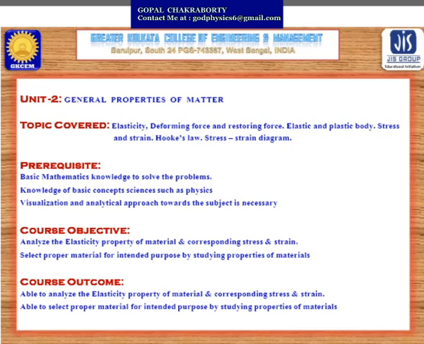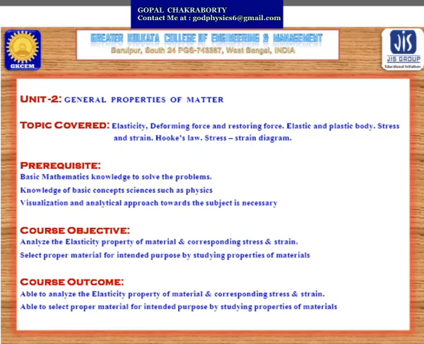The course objectives are: analyze the elasticity property of material and corresponding stress and strain, and select proper material for the intended purpose by studying properties of material.